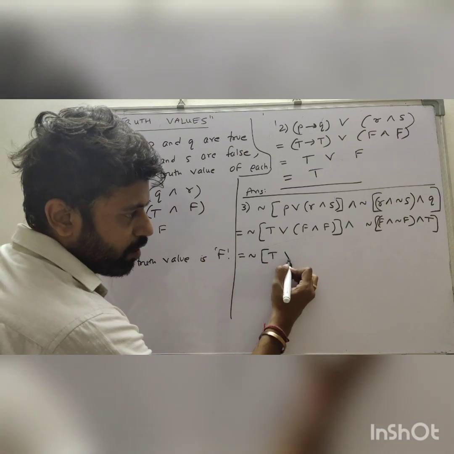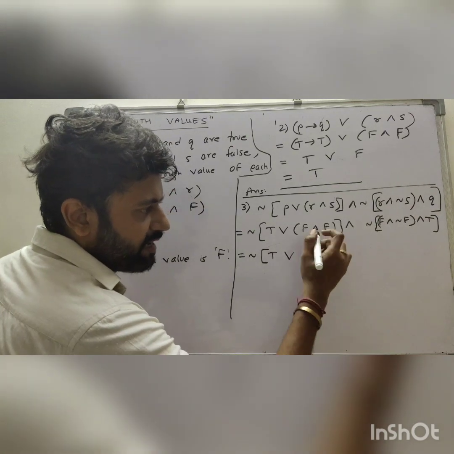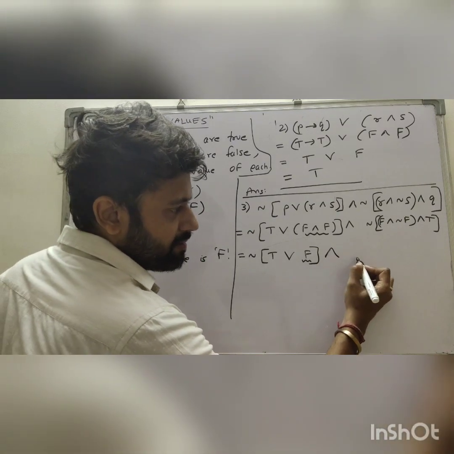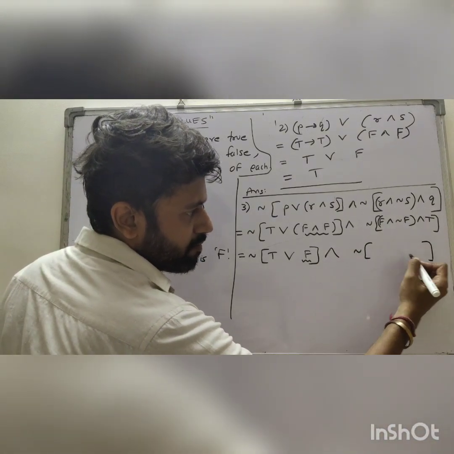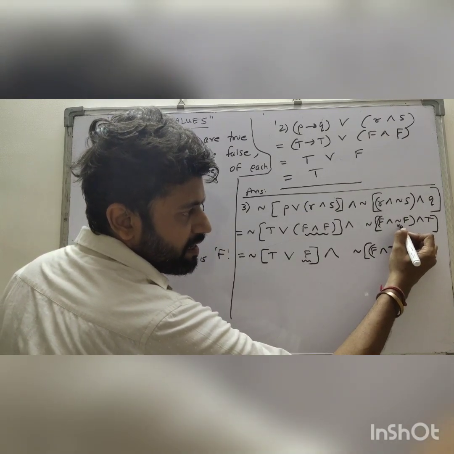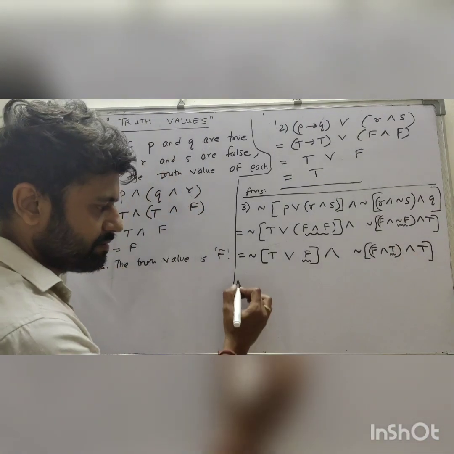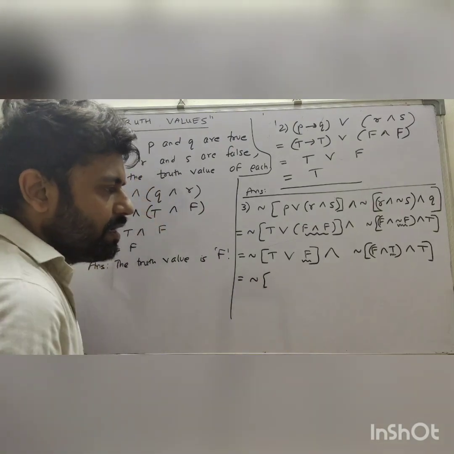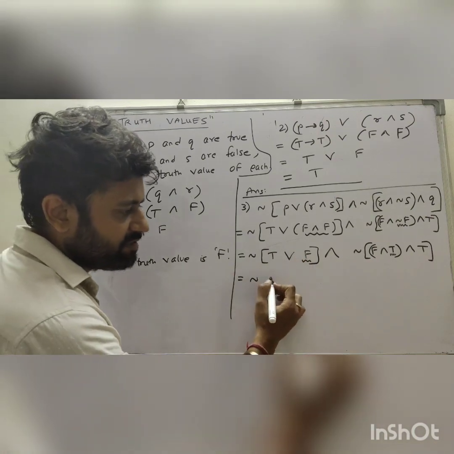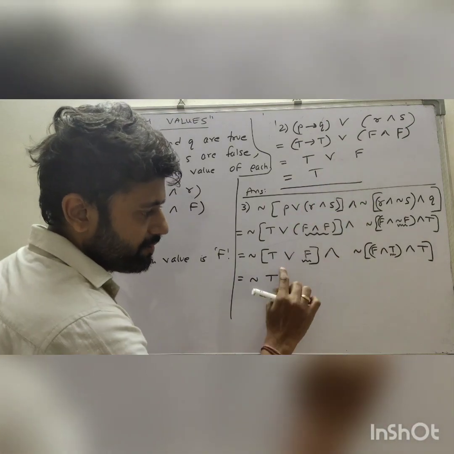Box bracket T or F and F is F. The answer of F and F is F. And negation of F and negation F is T. That is the first thing what we have done. Negation F is T and T. Negation. T or F. T or F is T. Here we have seen it.